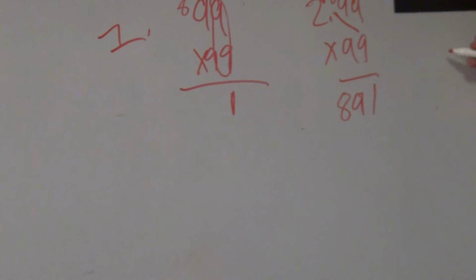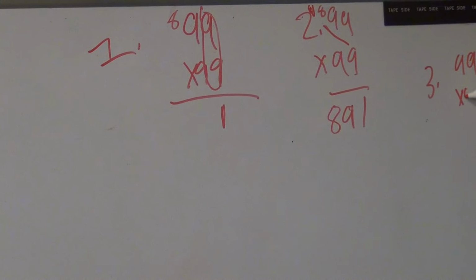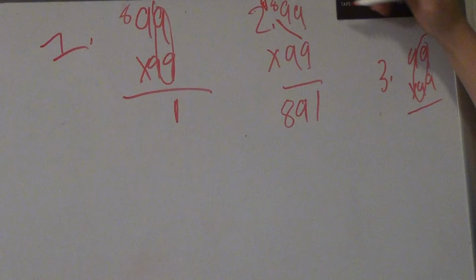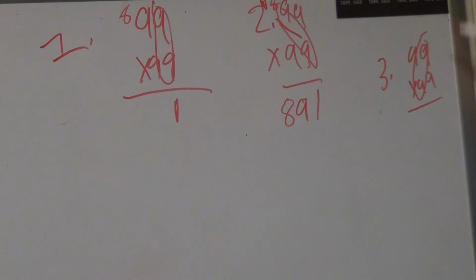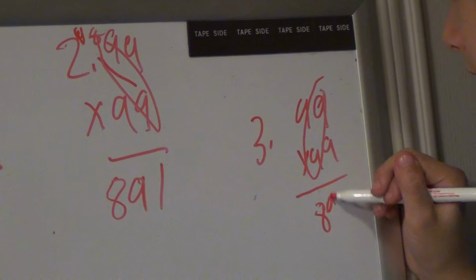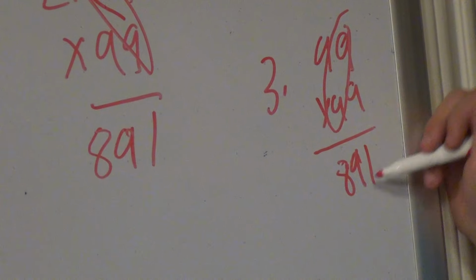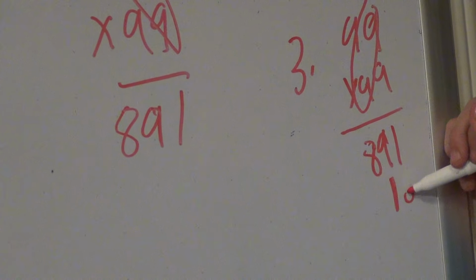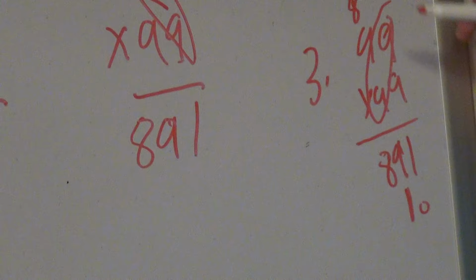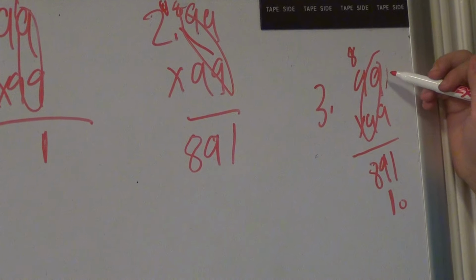So then step 3, you do 9 times 9 again, like I taught y'all. 9 times 9 equals 81. We put the 1 here, imaginary 0. And then 81, put the 8 here. And then it equals 81.